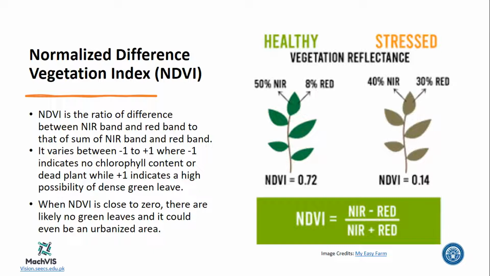So you have two bands, the NIR band and the red band. Just apply this equation and you will have the values of the NDVI. Since you have the geolocations of the images, you can easily detect the regions where you have to apply the pesticides and sprays.